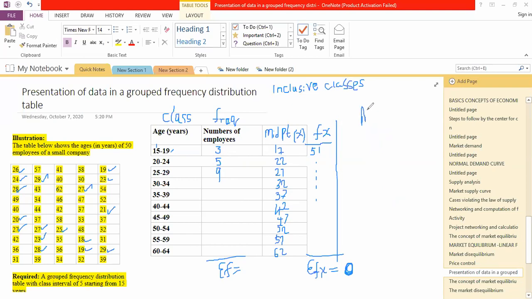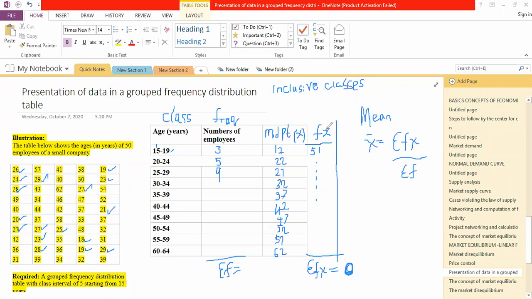The mean, which is abbreviated as X bar, is going to be given by the summation of f of x, and then we divide this by the summation f. The summation of f of x, we divide by the total number of frequencies to give us the mean.